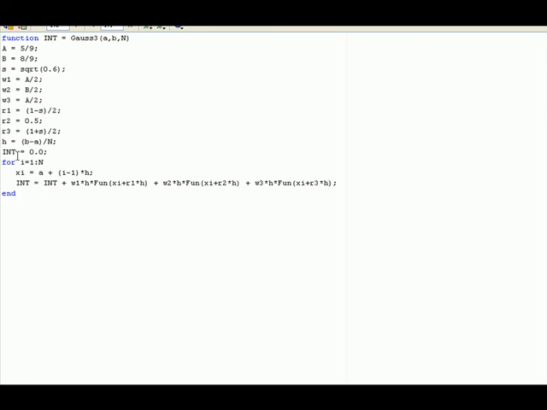So this is exactly as we discussed it. Sum over i equals 1 to n. This is actually x_{i-1} plus r1 h, x_{i-1} plus r2 h, r3 h, and the weights are w1, w2, w3 times h. So here's our Gauss program.